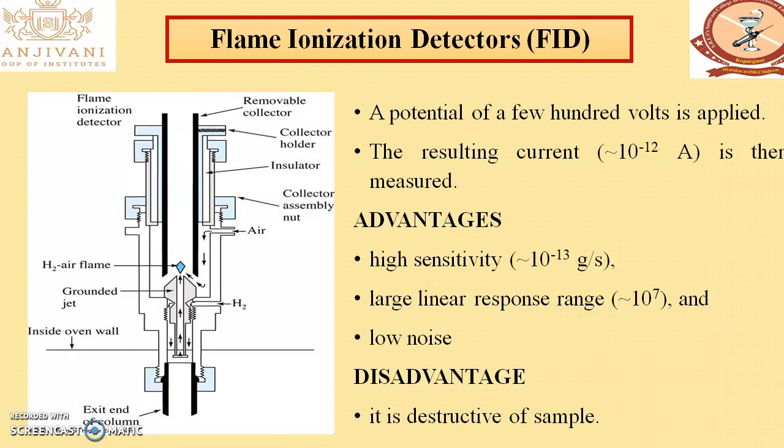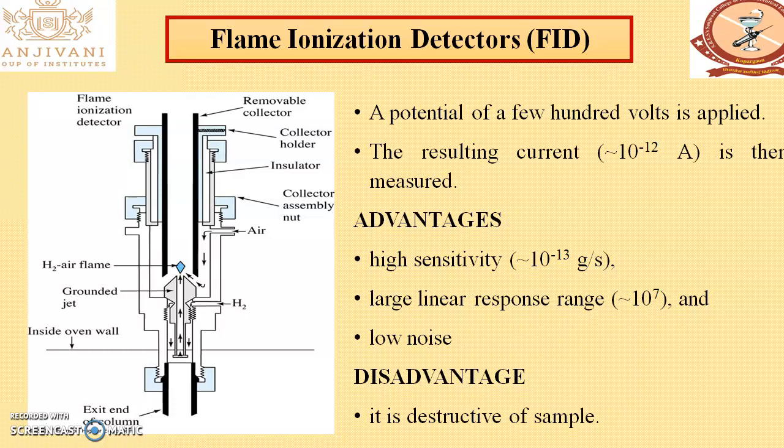If you look at the principle of working of this flame ionization detector, we can find the effluent that exits the GC column. Here you can find the exit end of the column. The effluent that exits the GC column enters the FID detector's oven, and the oven assures that as soon as the effluent exits the GC column, it does not deposit on the interface between the column and the detector.